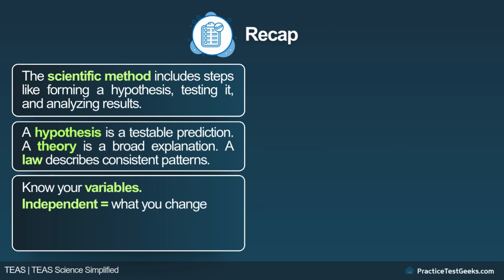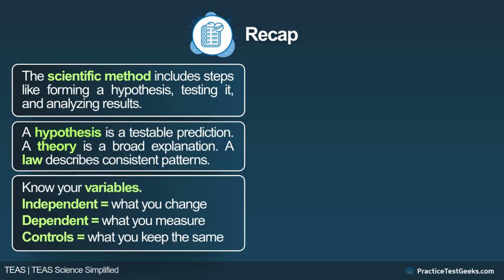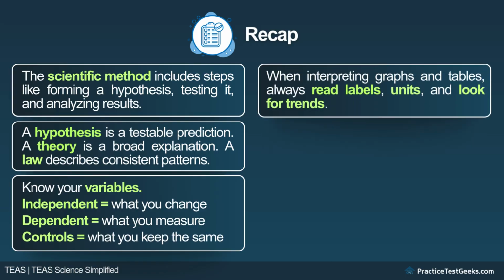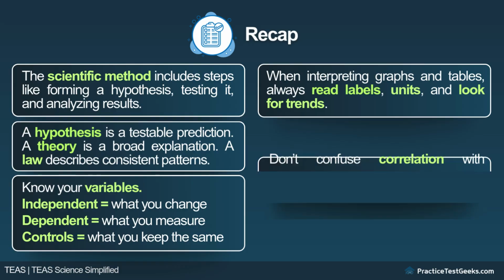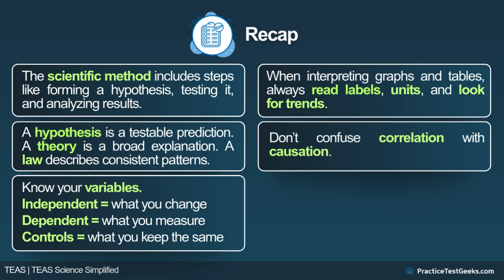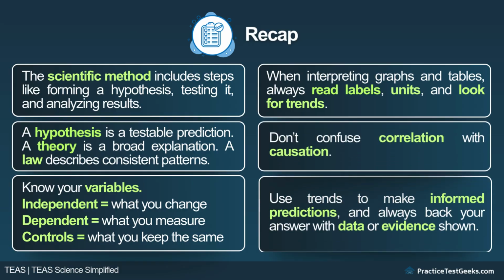Independent is what you change. Dependent is what you measure. Controls are what you keep the same. When looking at graphs or tables, check the labels, units, and trends. Don't just guess based on appearance. Finally, don't mix up correlation and causation. Use trends to make logical predictions, and always back your answers with the data given.